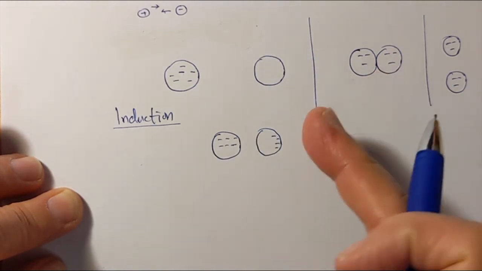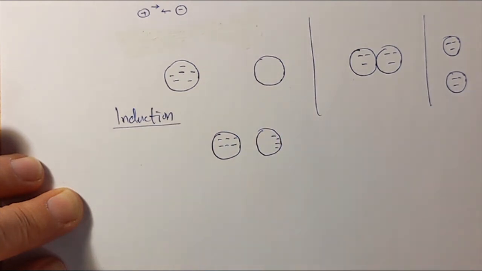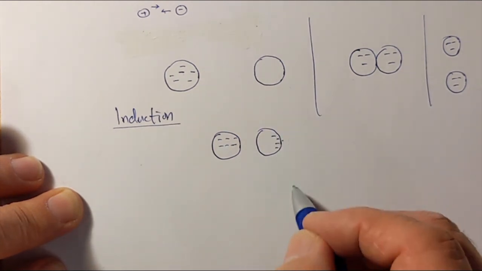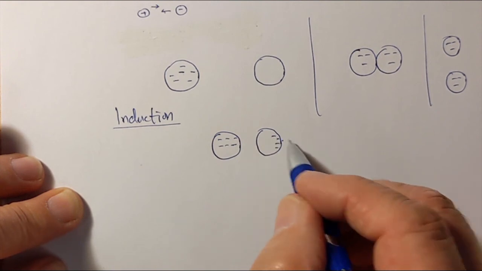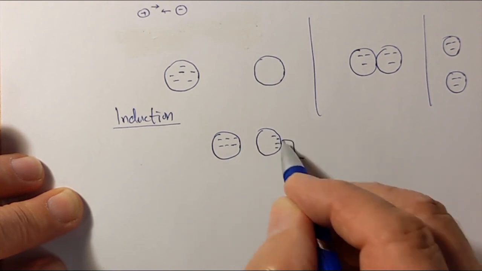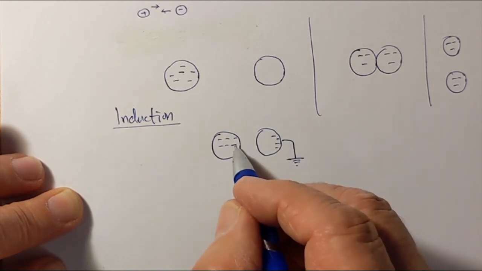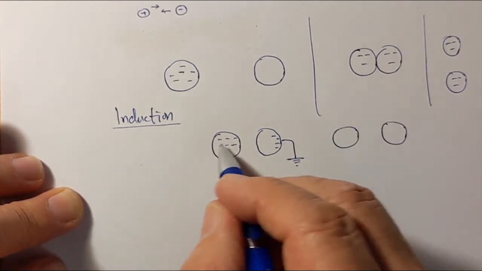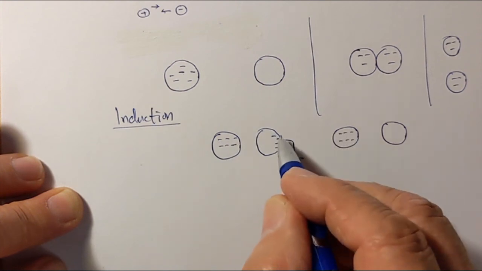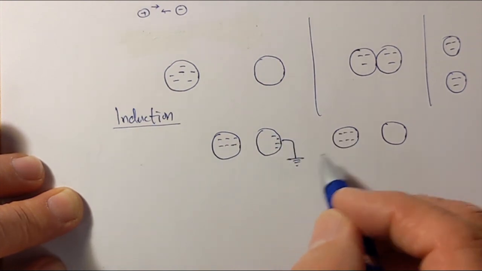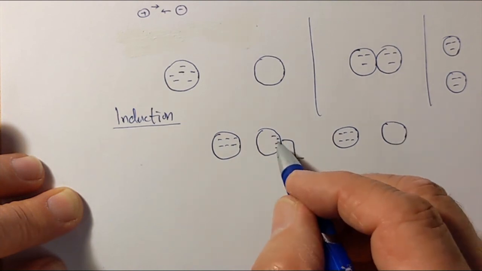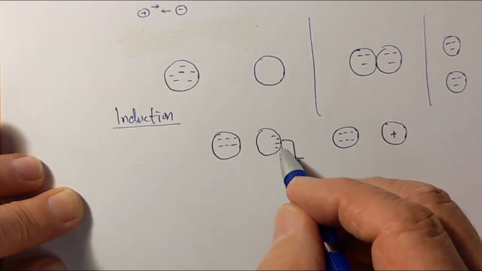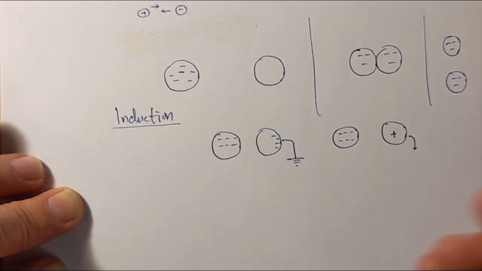And then if you touch it with your finger, or with what we call an earth, these electrons will flow out into the earth, and then you move this away. This still has the 6 charges on it, and let's say 3 of these went into the earth, so now this would be net positive charge because it has a shortage of 3 negative charges which have gone away.